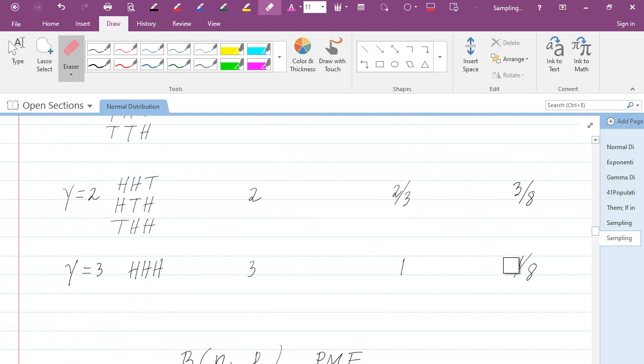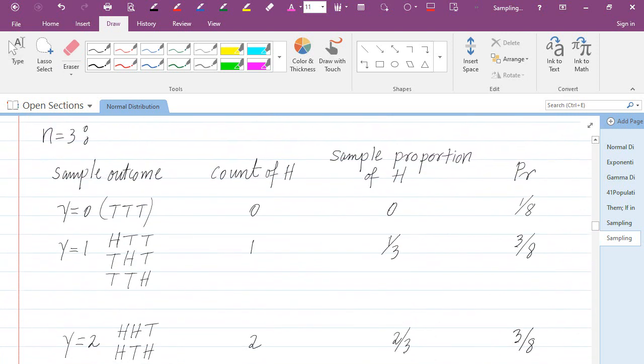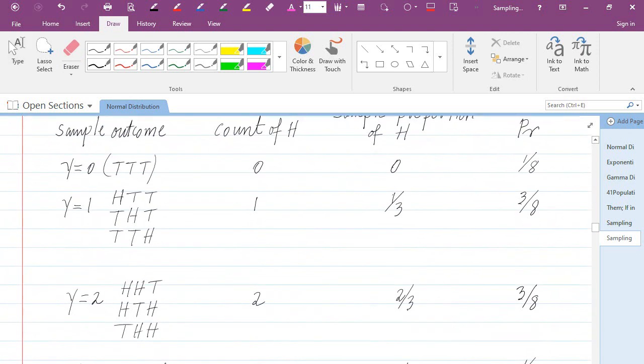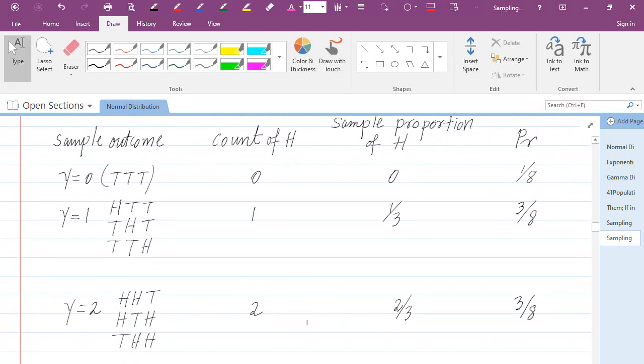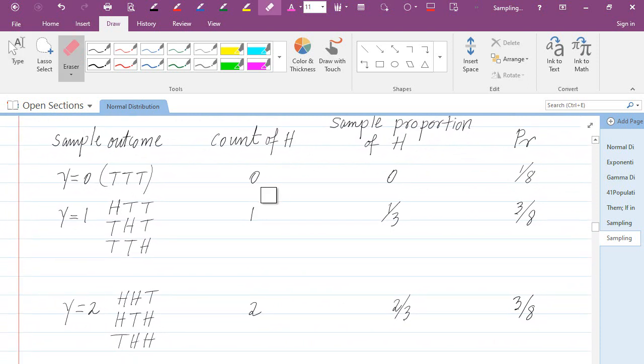Now, we have seen these probabilities before, so I'm not going to explain much here. For now, I'm going to ignore the two columns that I have here, but basically, if y is 0, then what's the count of heads, or the count of successes? Well, 0.